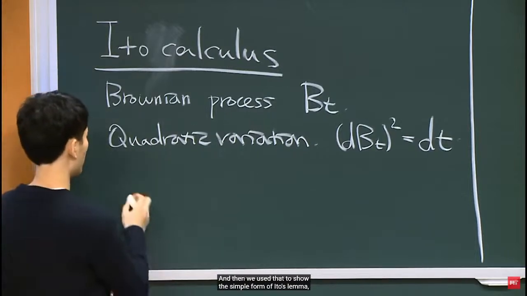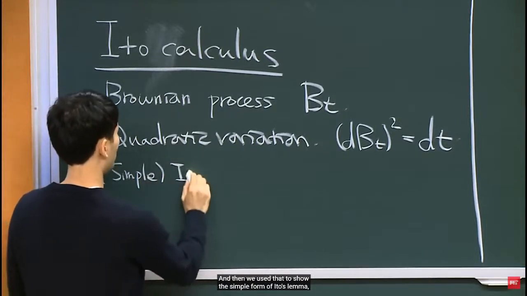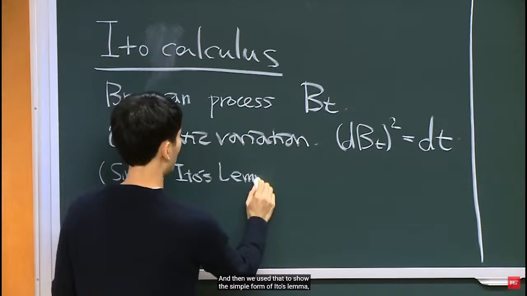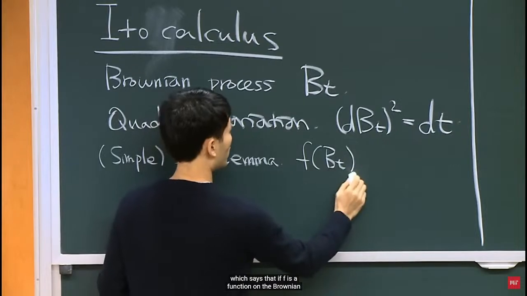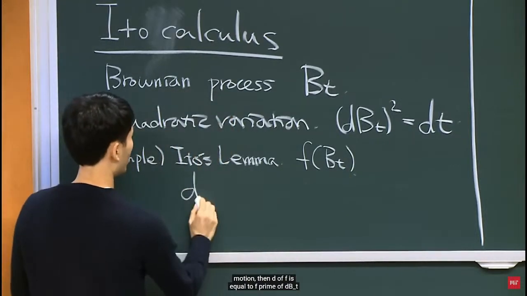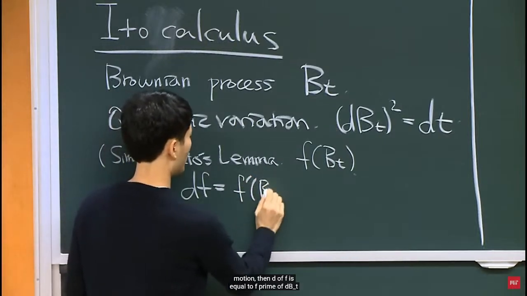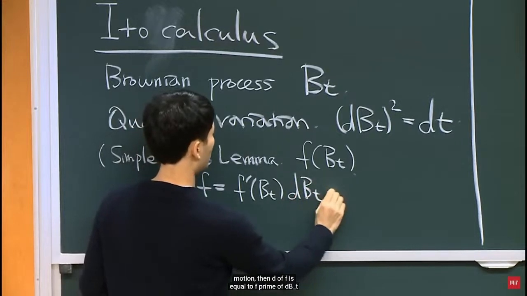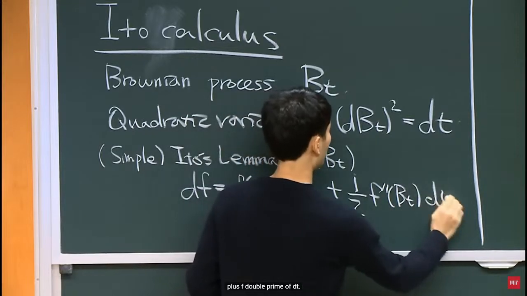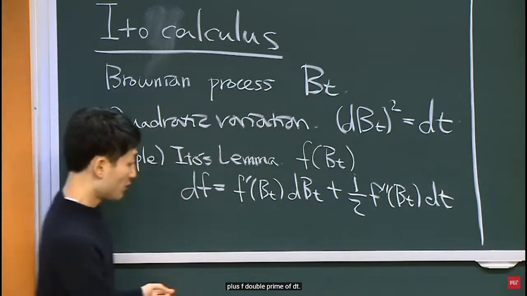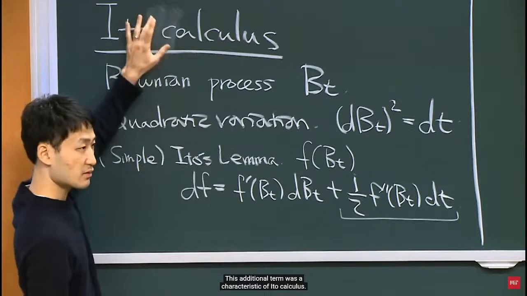And then we used that to show the simple form of Ito's lemma, which says that if f is a function on the Brownian motion, then d of f is equal to f prime of dB_t plus f double prime of dt. So this additional term was a characteristic of Ito calculus.